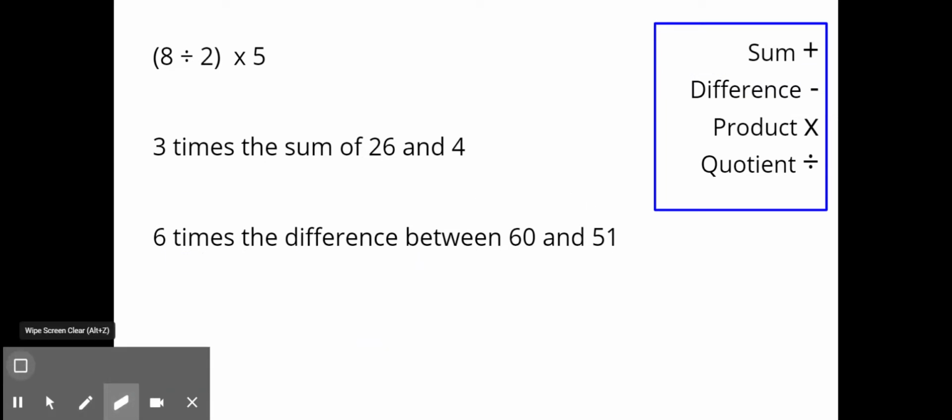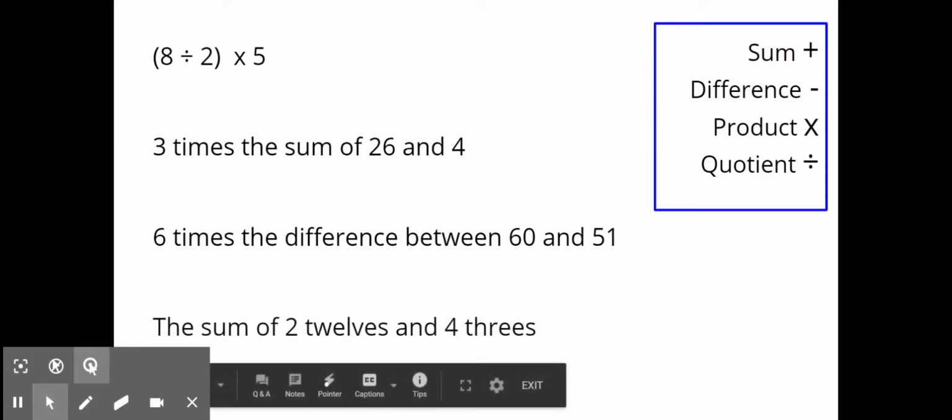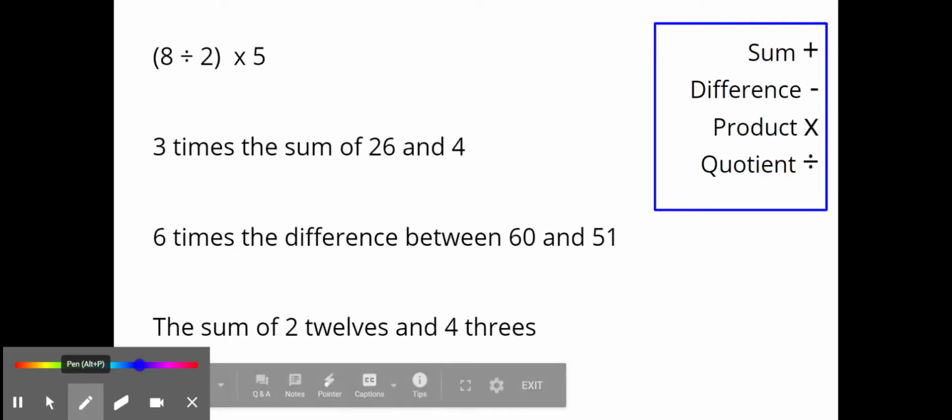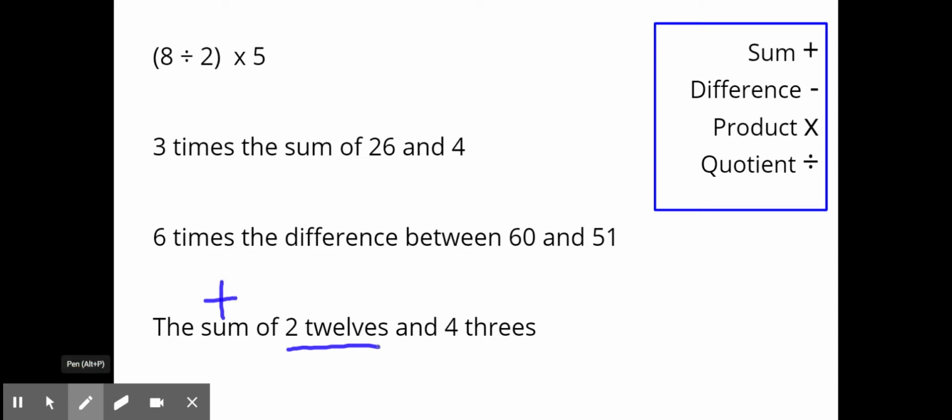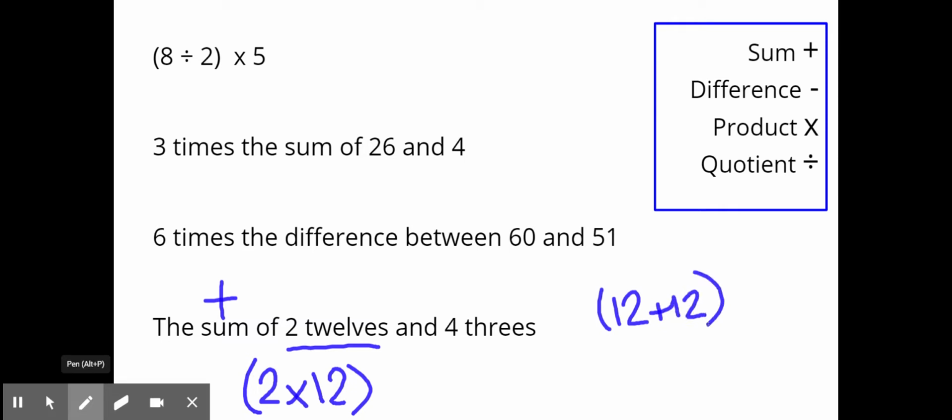Let's go ahead and look at one last one. Our last one is the sum of 2 12s and 4 3s. Okay, so I'm adding, because I know it says sum. What am I adding? I'm adding 2 12s. I could also have put 12 and 12, because we know that both addition and multiplication are combining operations, and I do have equal groups, and 4 3s.